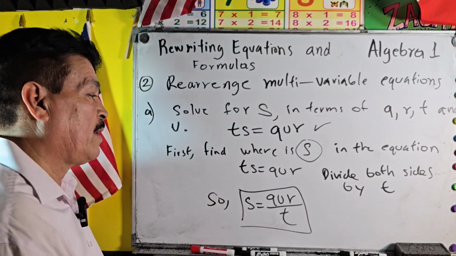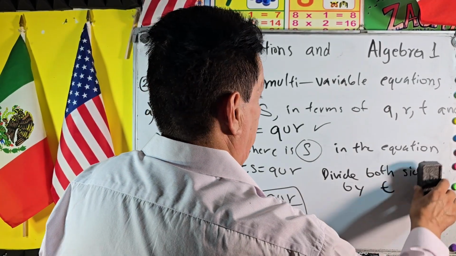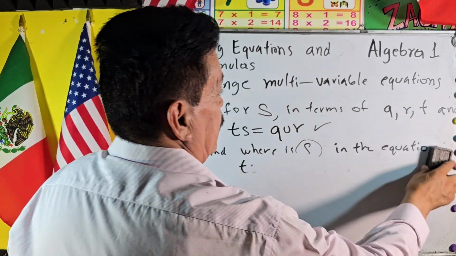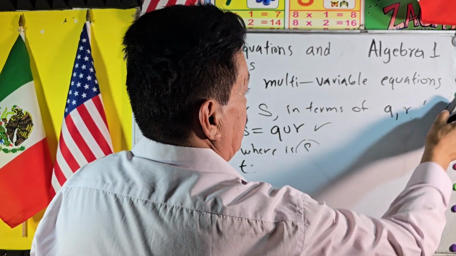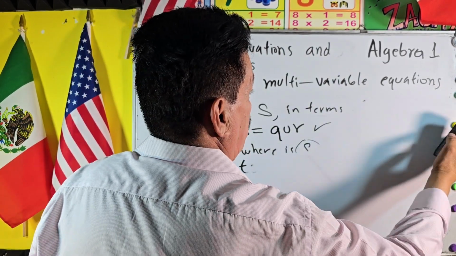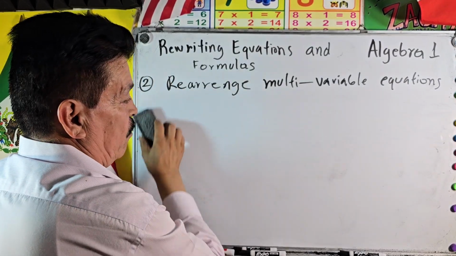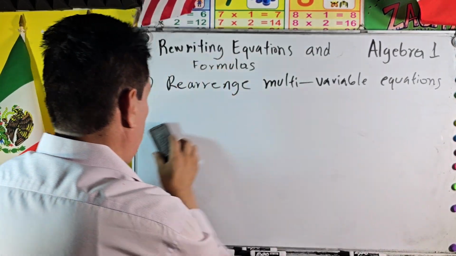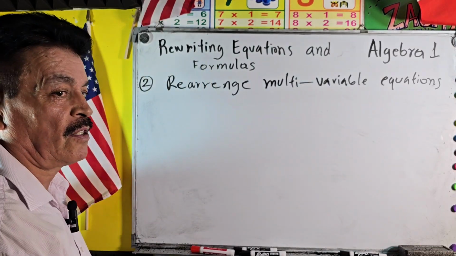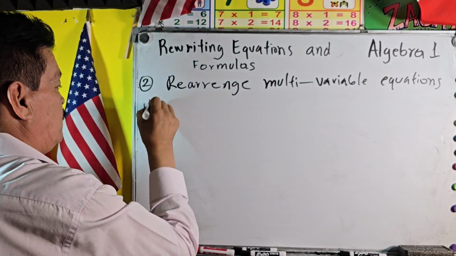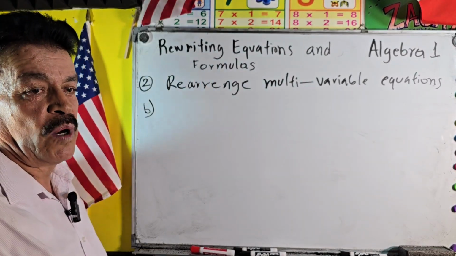Let me solve another problem for you. And this is the second part of my class, rewriting equations and formulas. Rewriting equations and formulas is very simple. So let's go to problem number 2.